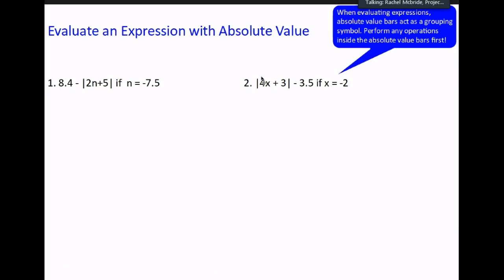Okay? Today we are evaluating expressions with absolute values. So again, our goal is eventually to solve absolute values, but in order to be able to solve them, we really need to know how to simplify them. So we're going to evaluate them first. So what does it mean to evaluate? What am I doing when I'm evaluating?